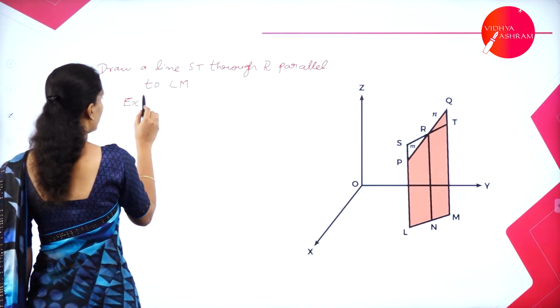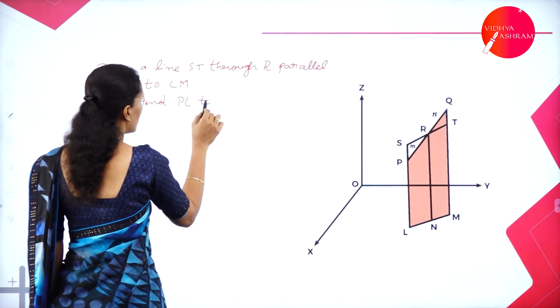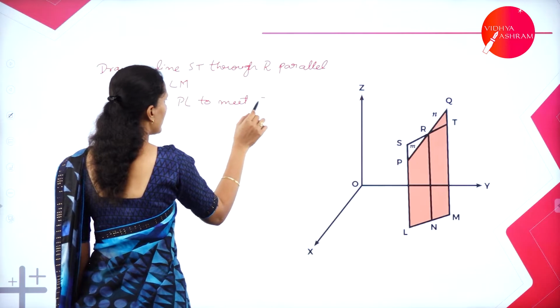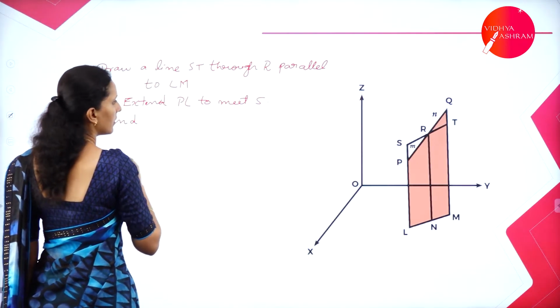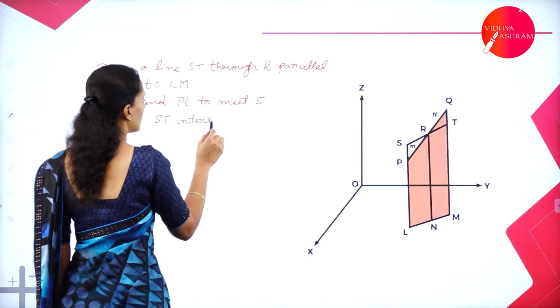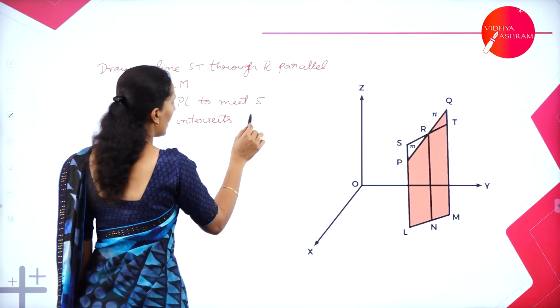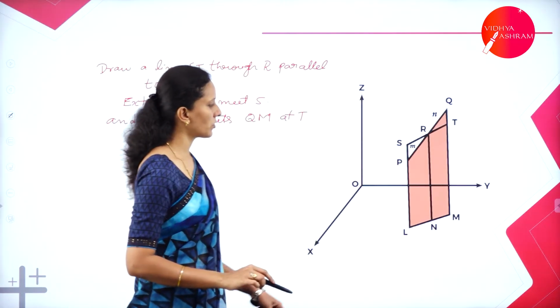Next, extend PL to meet S, and ST intersects line QM at T. So these are the observations from the diagram.